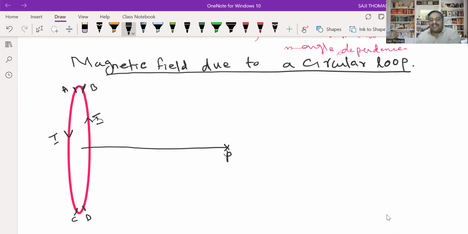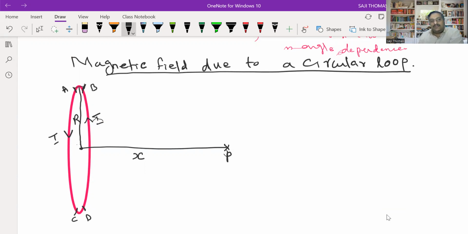I will find the magnetic field due to that elementary length at the point P. This point P is at a distance x from the center of the circular loop, and the radius of the circular loop is capital R.